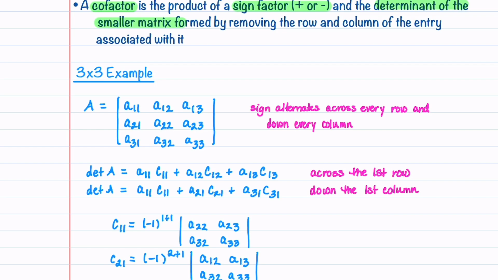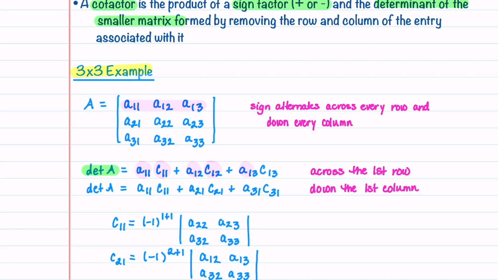I'm going to begin by first giving you the formula for using cofactor expansion to compute the determinant of a 3 by 3 matrix. When we do cofactor expansion, we can expand across any row or down any column. If we expand across the first row, the determinant of A is going to be A11 times its cofactor C11 plus A12 times its cofactor plus A13 times its cofactor.